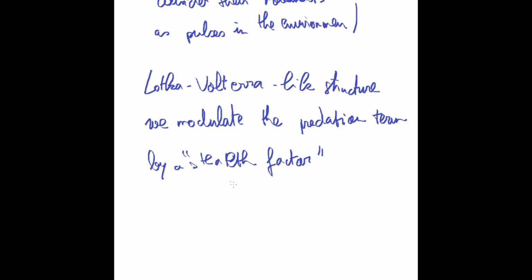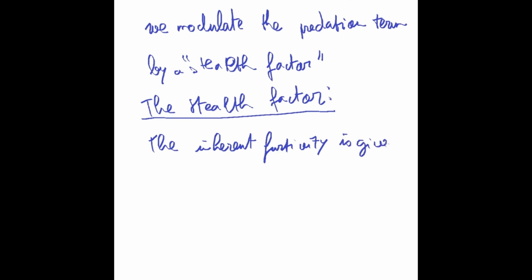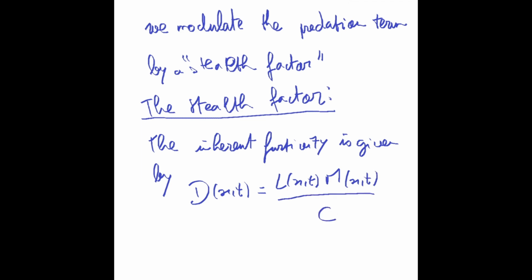This factor is what we already saw 5 minutes ago, the inherent detectability, given at each point of space and time by d(x,t) equal to l(x,t) times m(x,t) divided by c.